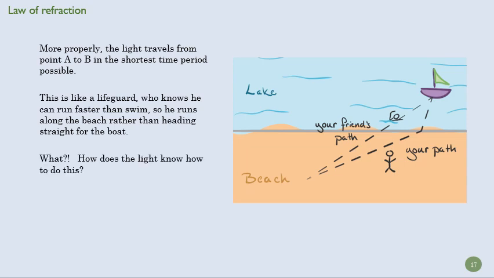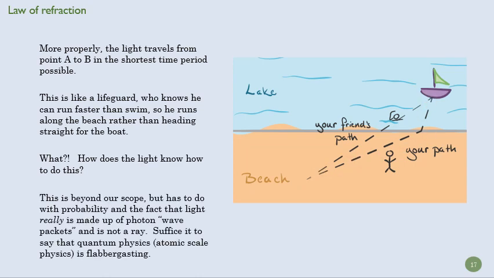So what in the world is making light know that this is going to be the faster path? The answer is beyond our scope. It has to do with probability, and with the fact that light is really both a photon and a wave, and it doesn't act as a ray.